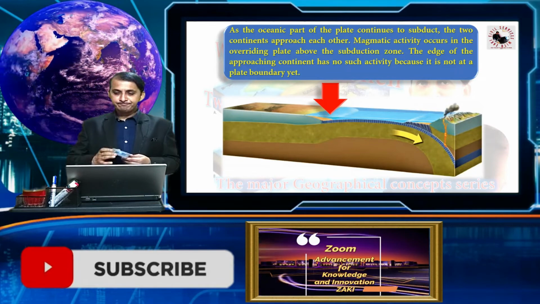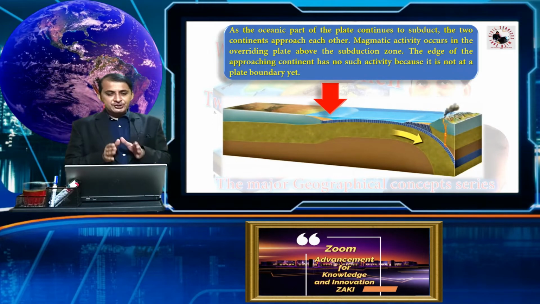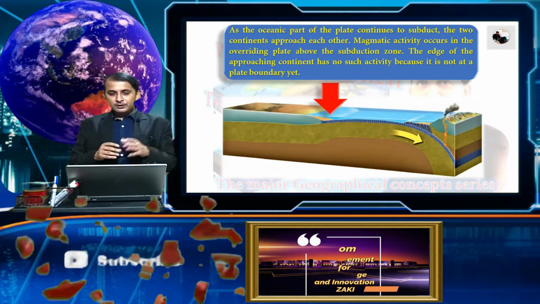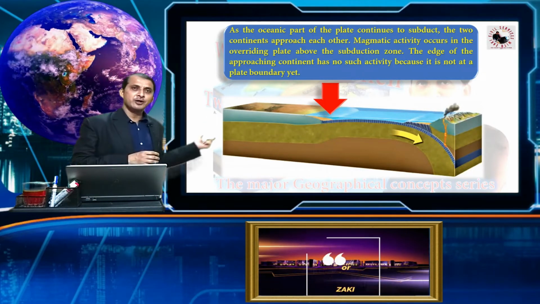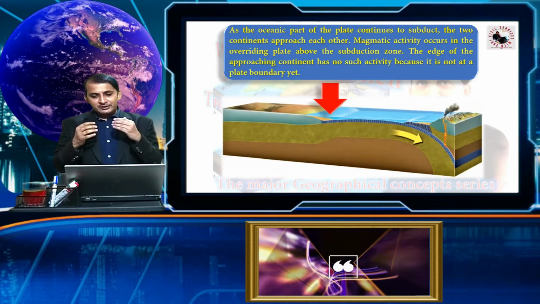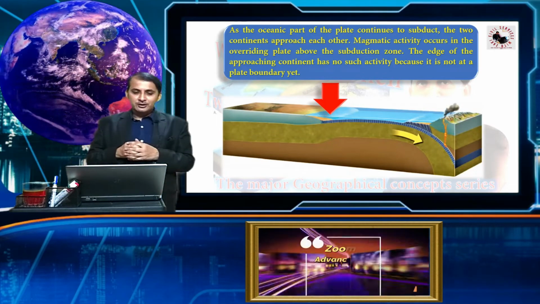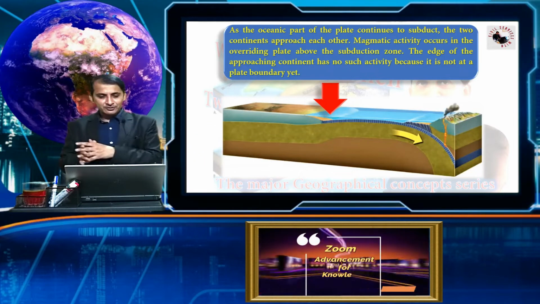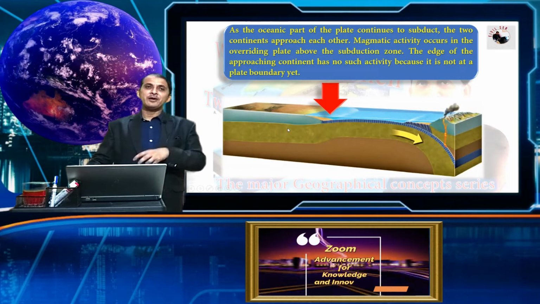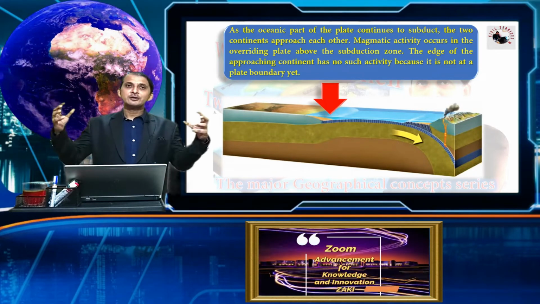The edge of the approaching plate, the other plate, has no such activity. Why? Because this continent is not at the boundary yet, so it is not a plate boundary yet.